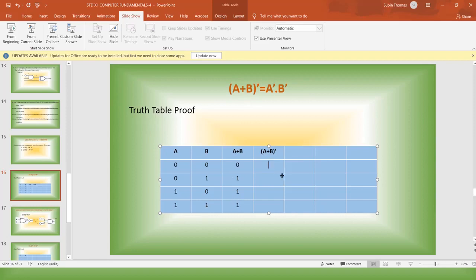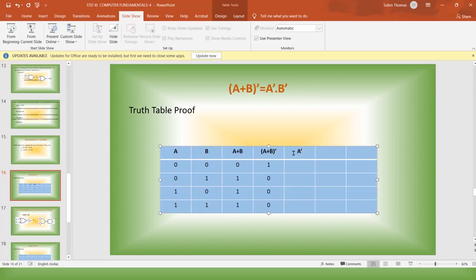So 0 is the input, so the output will be 1. 1 is the input, 0 will be the output. Again 0, now it is 0. I think it's clear for you. Now the LHS is proved, LHS is completed there. Now I am going to do the RHS part. First you have to calculate A complement.